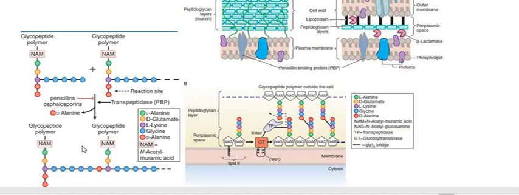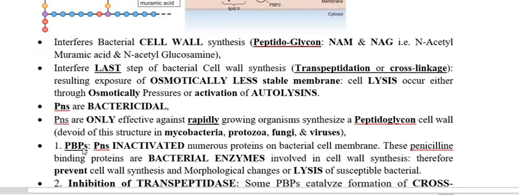So now we have to go through this. As I told earlier, this is going to inhibit the cross linking, and the osmotic pressure is so high that it is going to rupture the cell wall, and the bacteria is going to die, and therefore they are bactericidal. So penicillins are bactericidal.